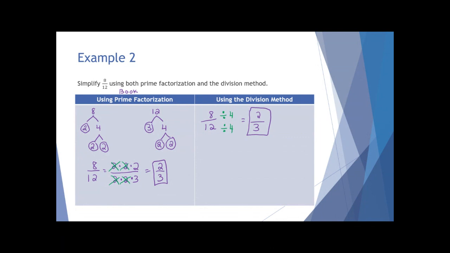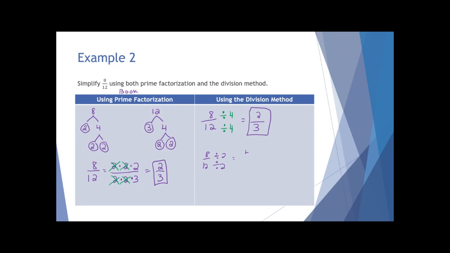I usually use prime factorization if I have really big fractions, because those you may have to divide multiple times until you are reduced all the way. So sometimes, like the 8 over 12, we could have also divided it by 2.